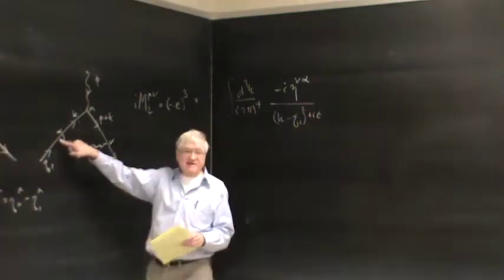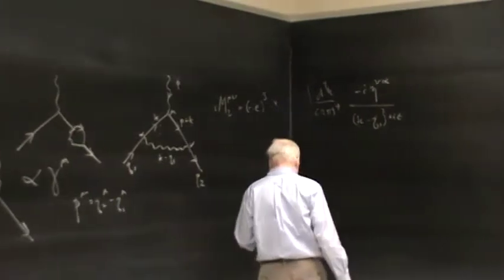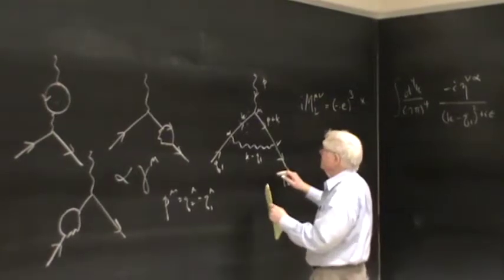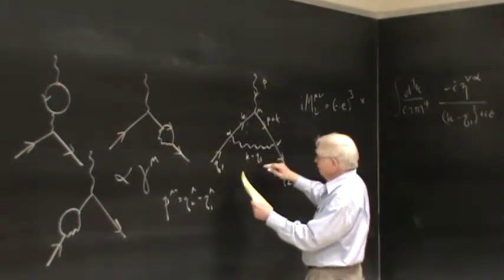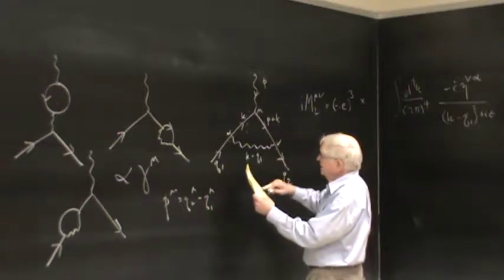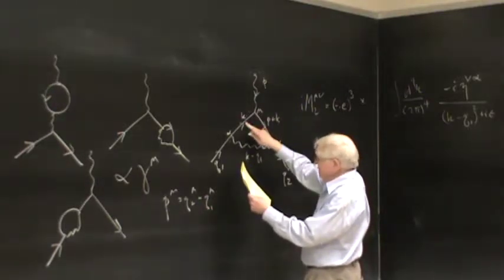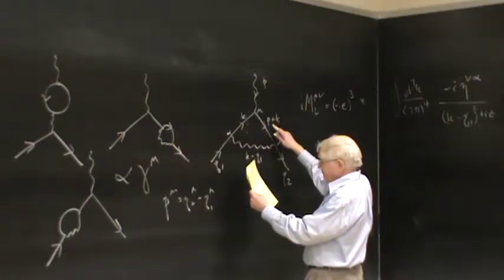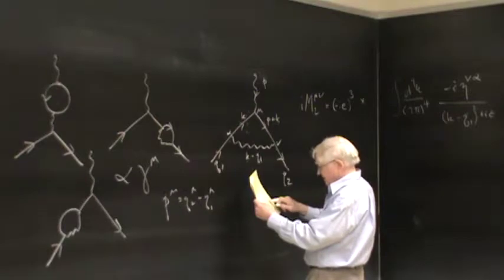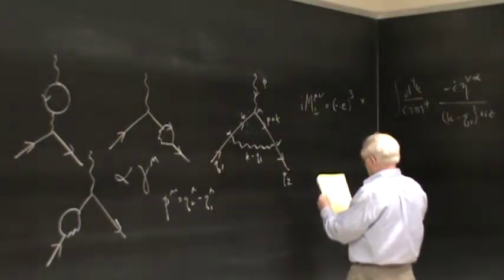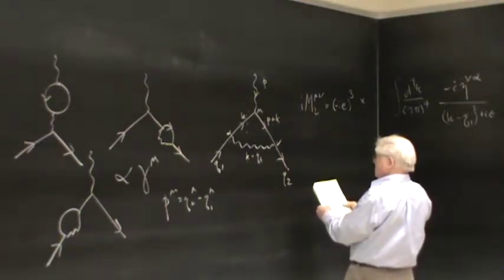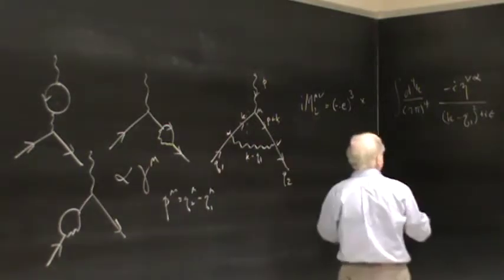That's the photon propagator. And then we've got this one, which is k slash plus m, this one, which is p slash plus k slash plus m, and, oh yeah, this thing is a photon propagator.